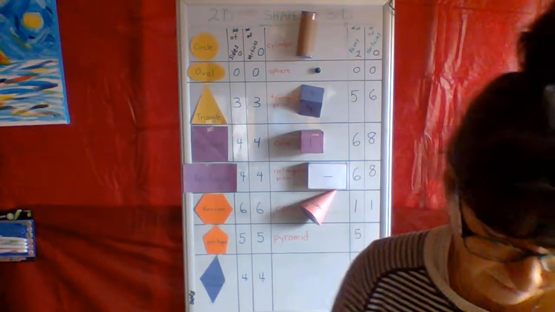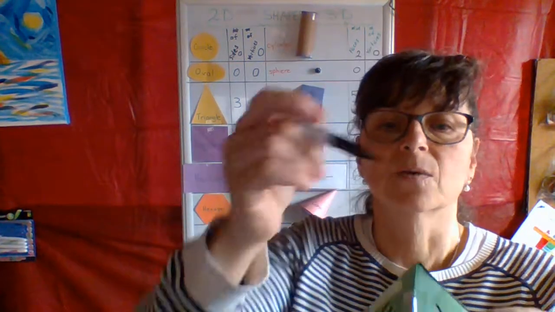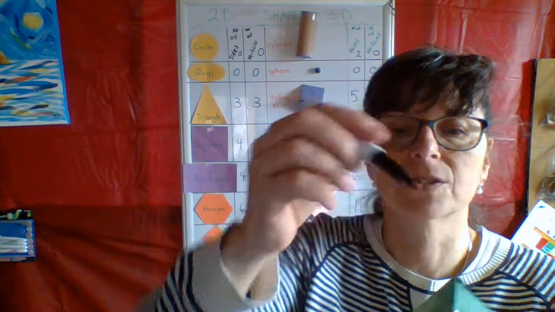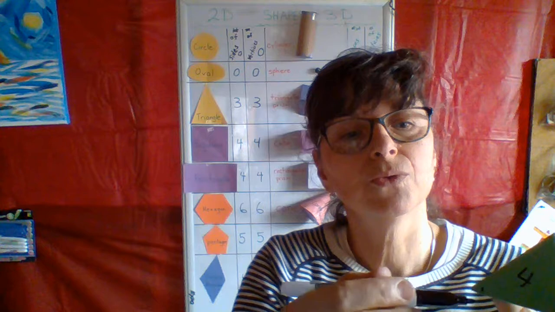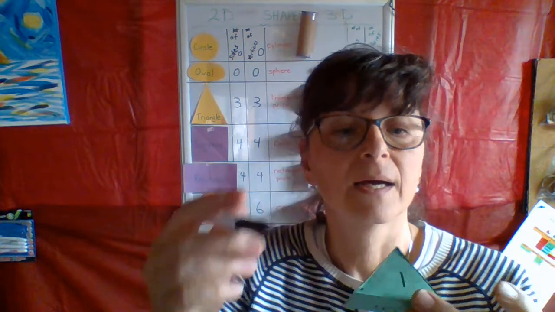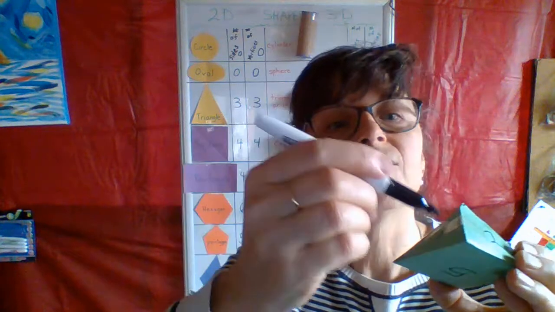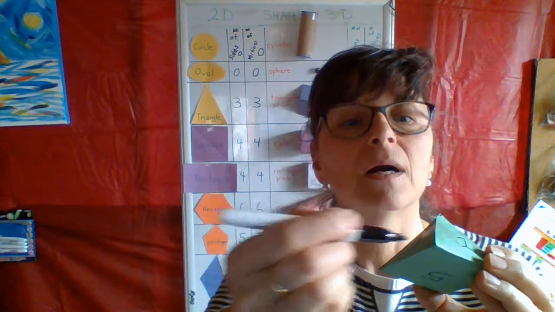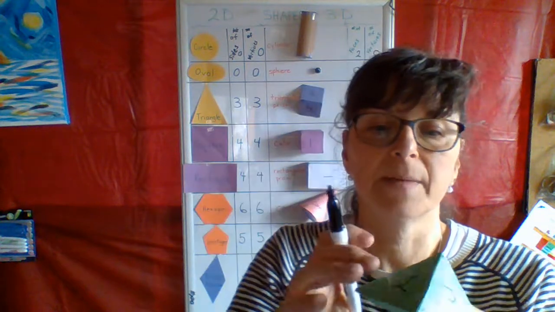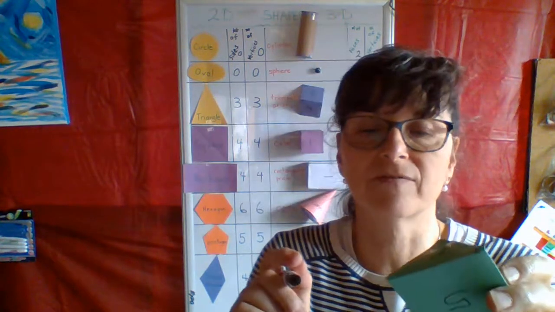And let's count the vertices. So we have 1 at the top. So we're going to make marks all around. 2, 3, 4, and 5. Yep, I'm double checking. I marked all my vertices.